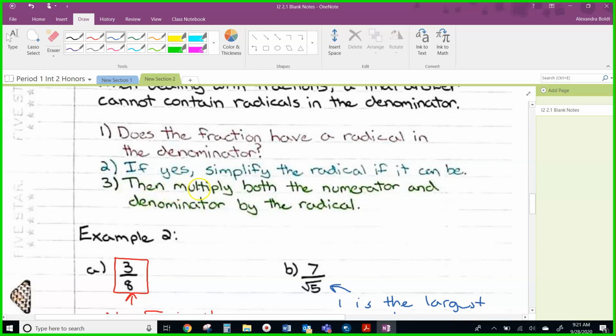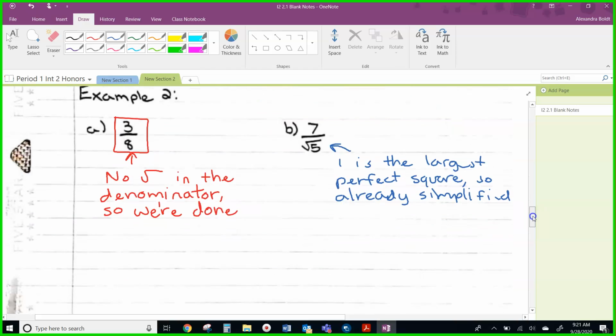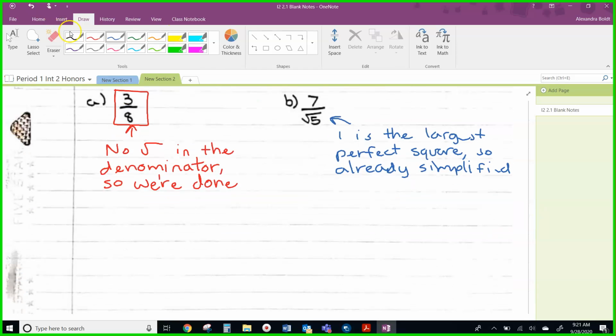We're going to multiply both the numerator and denominator by the radical. So we have 7 over square root 5. What that means is I'm going to take this 7 divided by square root 5, and I'm going to multiply both my numerator and my denominator by square root 5.